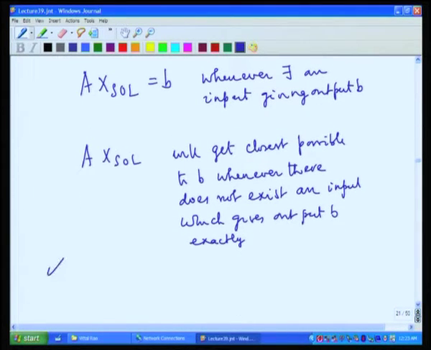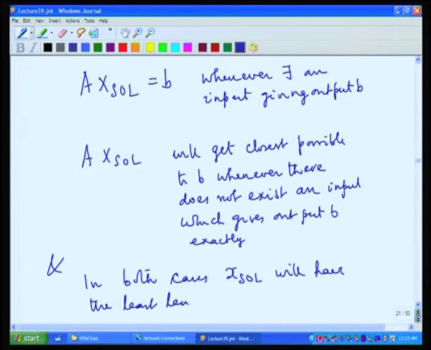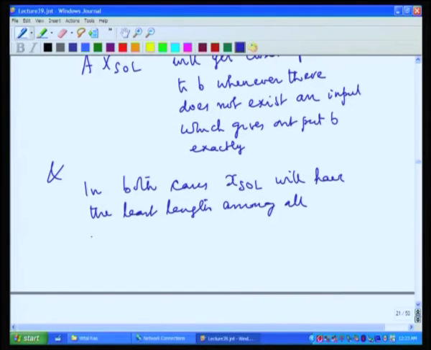And in both cases x sol will have the least length among all such possible or among all such required inputs.